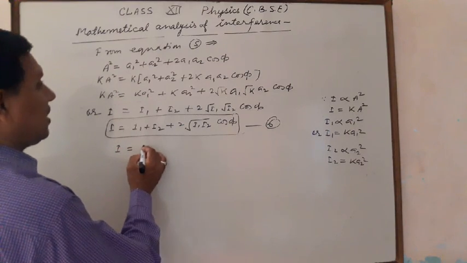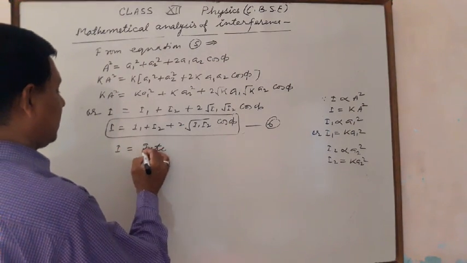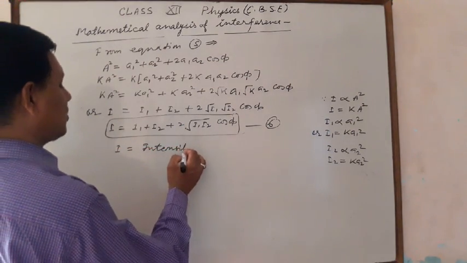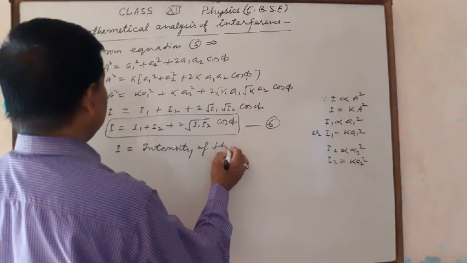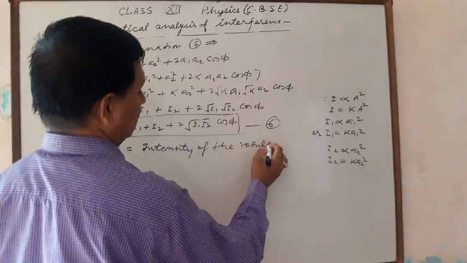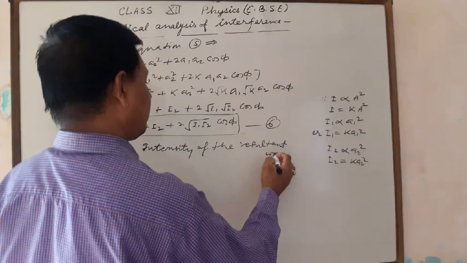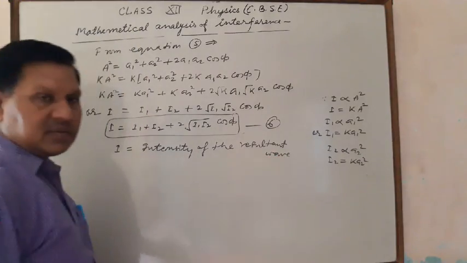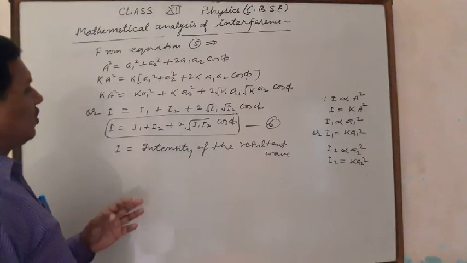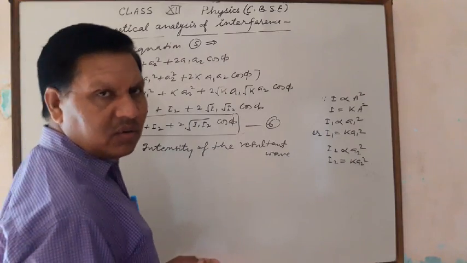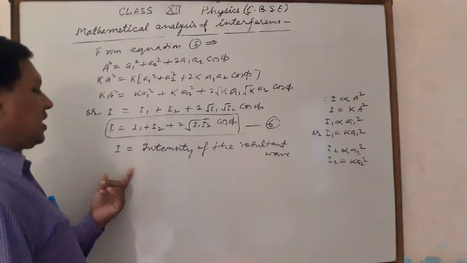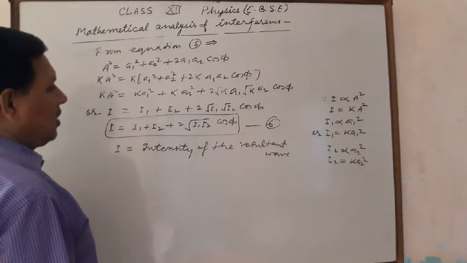Here I is the intensity of the resultant wave. So you can find the amplitude of the resultant wave and also the intensity of the resultant wave.